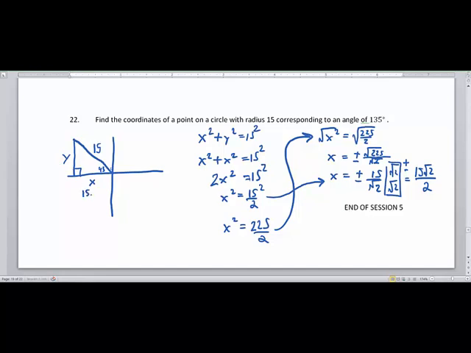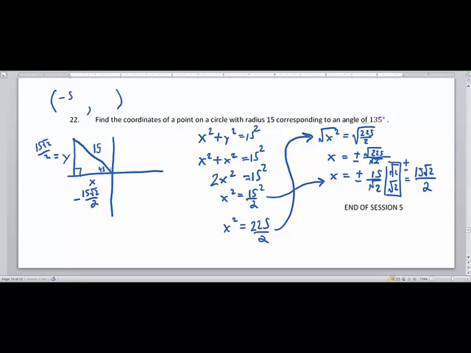Since we're in the second quadrant, I'm going to take the minus from my plus or minus and put it here. And this is going to be 15 square roots of 2 over 2, the positive value for y, which happens to be equal to my x, but positive. So now, if I'm looking for the coordinates of this point right here, I just have to be a little careful and put the negative in the correct place.